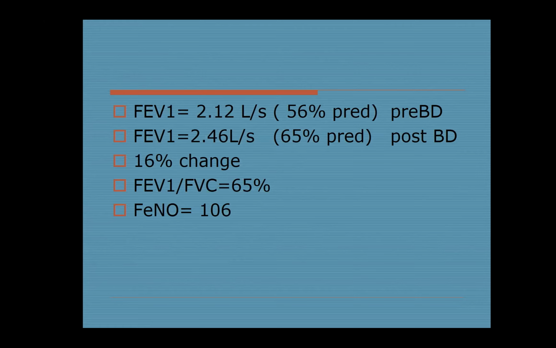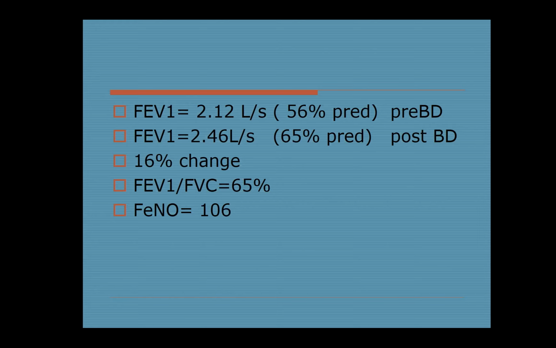So she did go up by 16% and more than 200 cc's. So she is bronchodilator responsive. Her FEV1 over FVC is 65%. So she's less than 70%, right? Or what we actually use now for the cutoff ratio for COPD is the lower limit of normal, but she's below that.